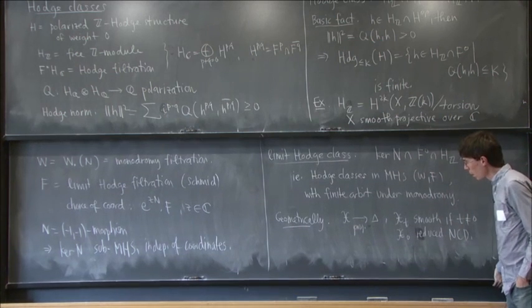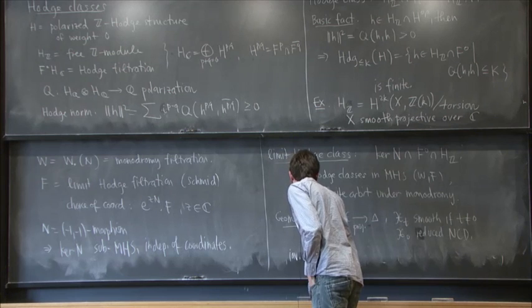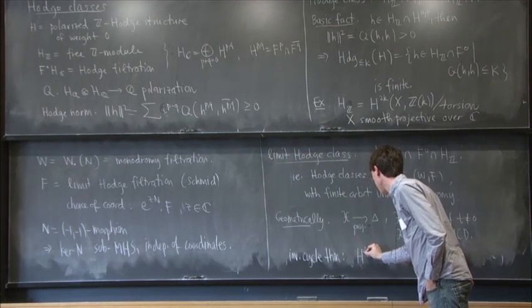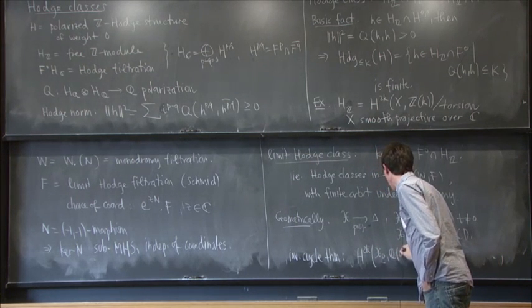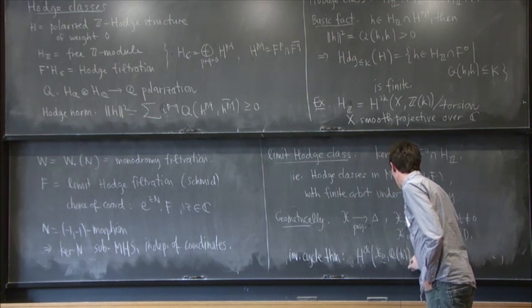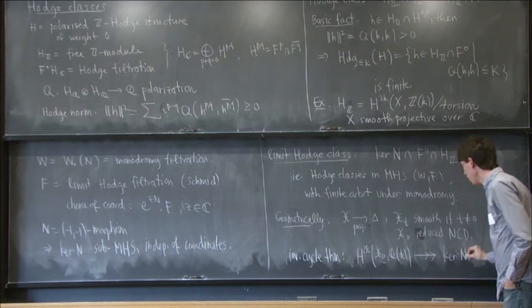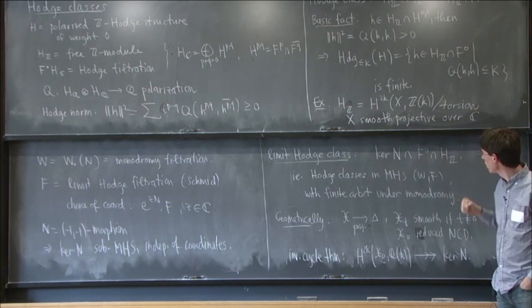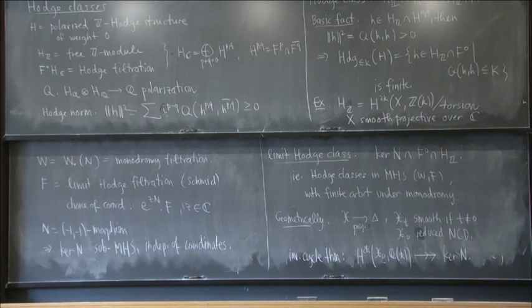then you have this invariant cycle theorem. I mean, local, that says that at least I think over Q, the cohomology of the central fiber surjects onto the kernel of N. So any class in here can actually be lifted to a Hodge class on the central fiber.